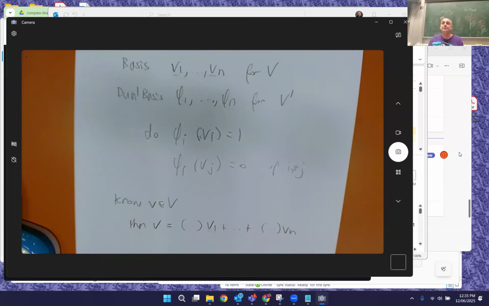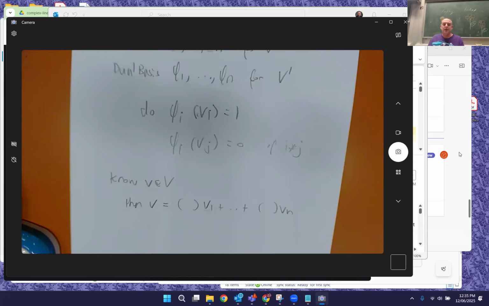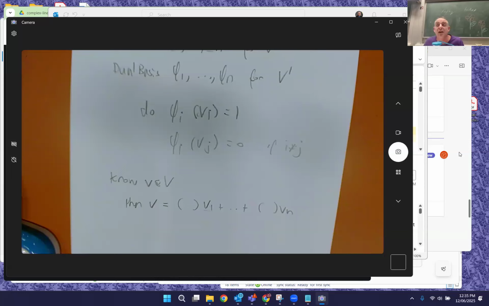I know this to be true because this is a basis. And in fact, not just that, I know there's exactly one way to do this because that's a basis. Like a regular everyday spanning set, there might be more than one way to do it, but with a basis, there's only one way to do it. There is a unique set of coefficients that will work.